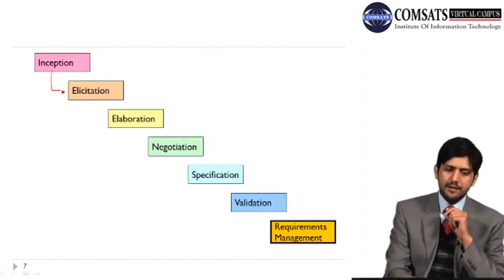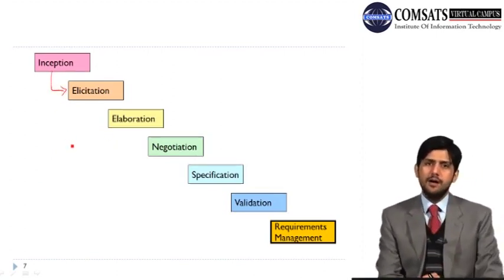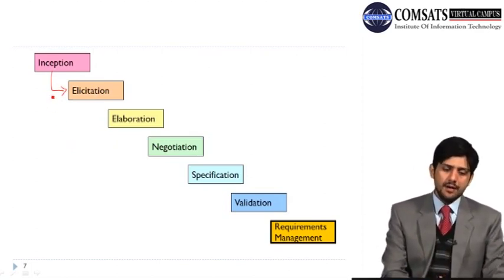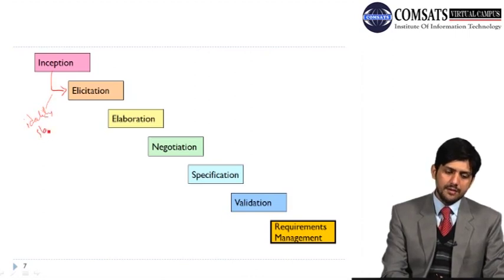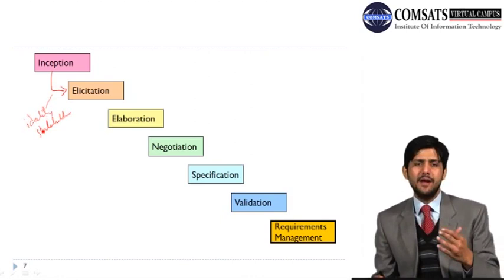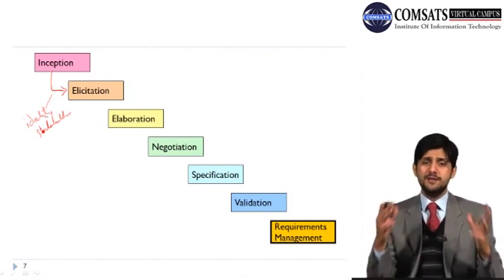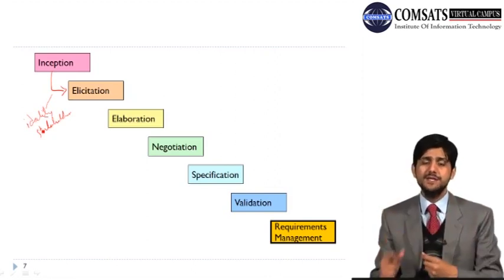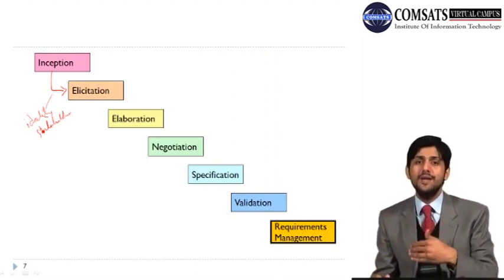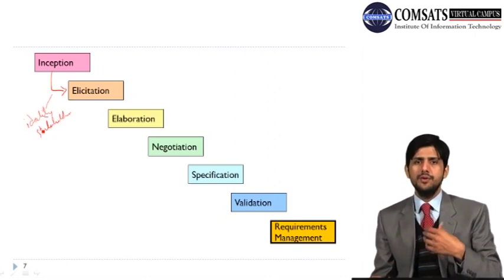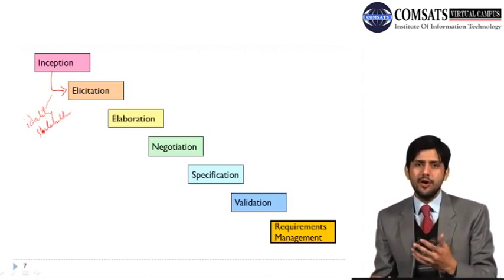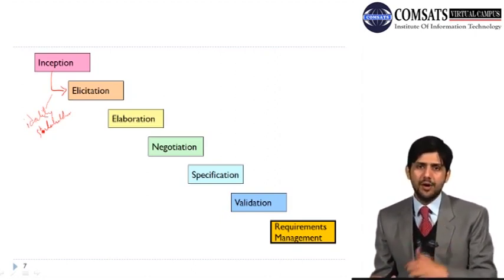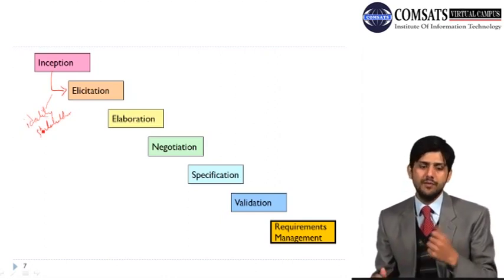We know that we do inception, and the purpose of inception was to identify stakeholders and to identify why the client actually wants this product, what the bigger business goals are, and what the objectives are. We try to answer through a set of questions, to gain an insight into why this client wants this product, who is the requester of this product, and who are the key people who will give me useful information.